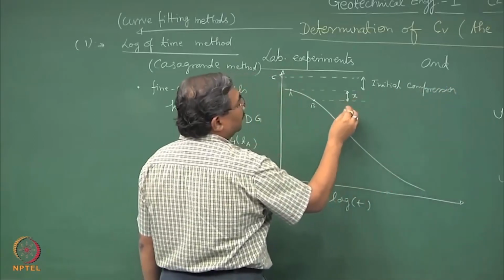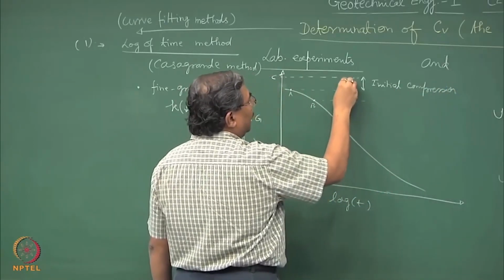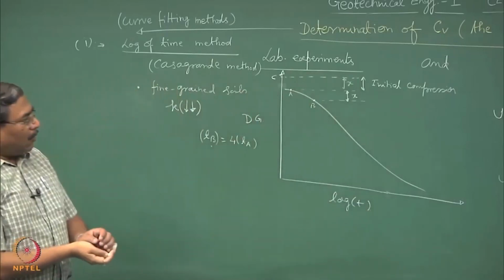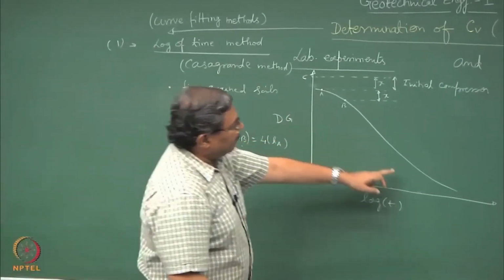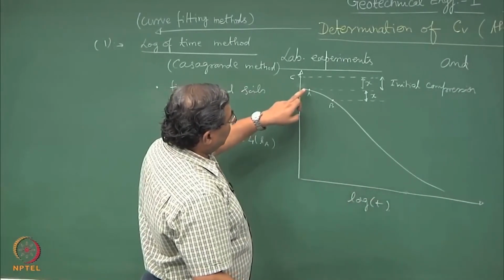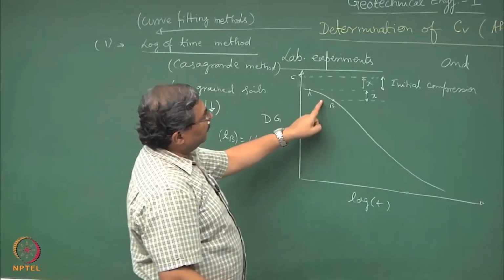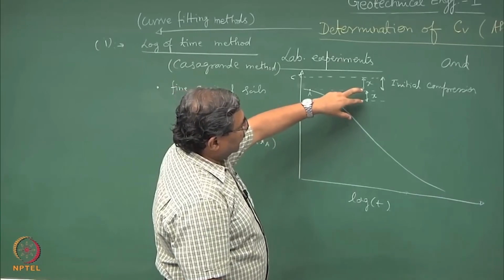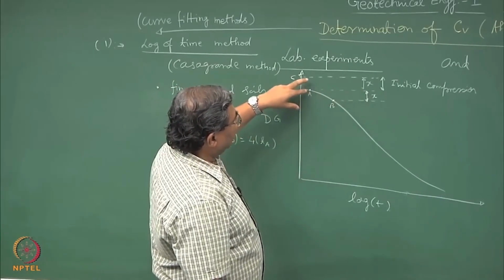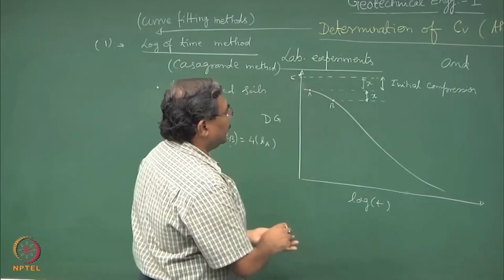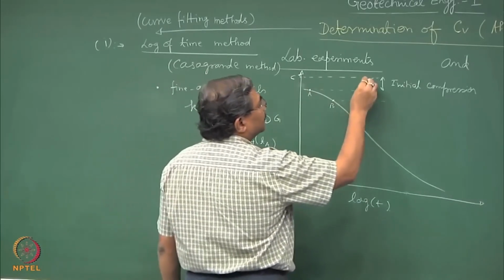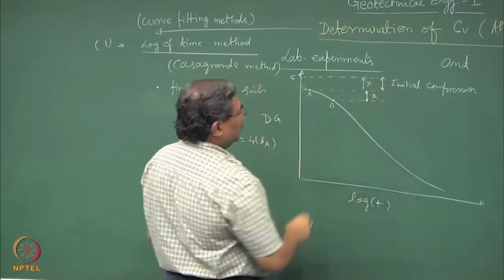So, this is equal to x on the graph or the experimental data which you have got. In the process I get the value of x, increment A by x, you get this point, and this becomes the initial compression, the whole thing.